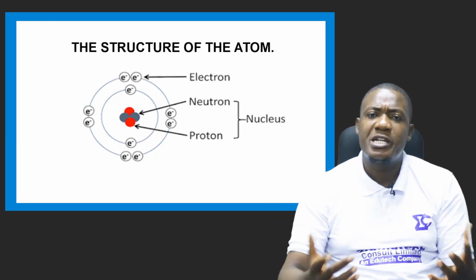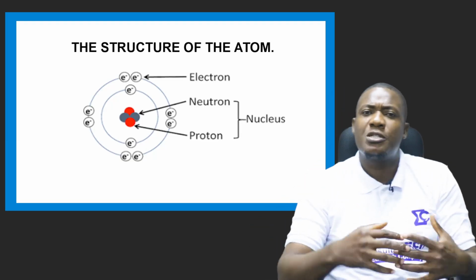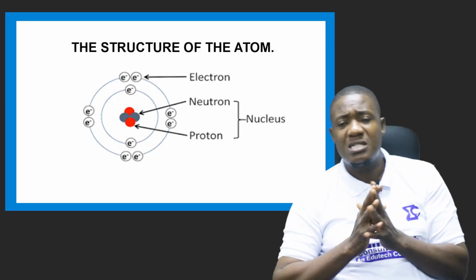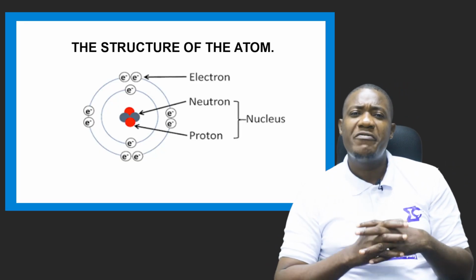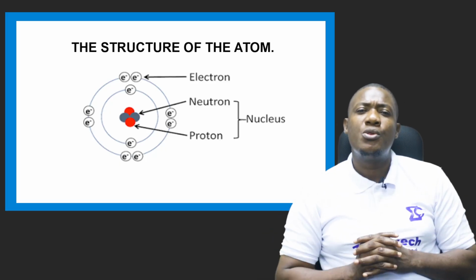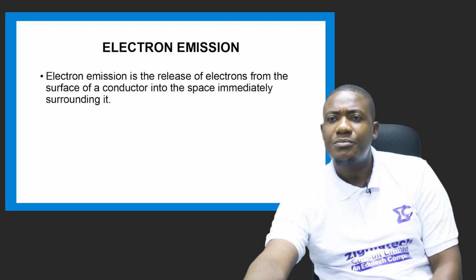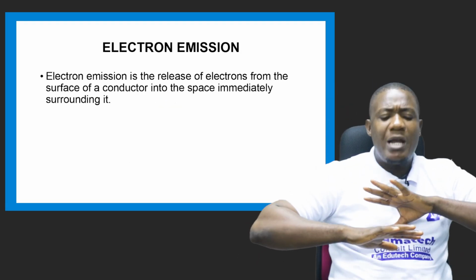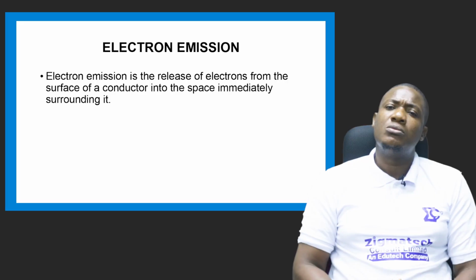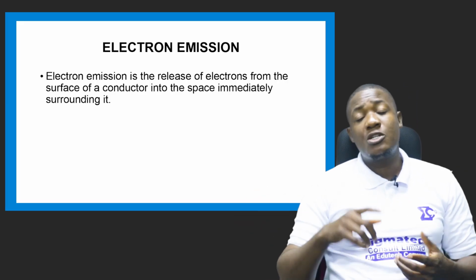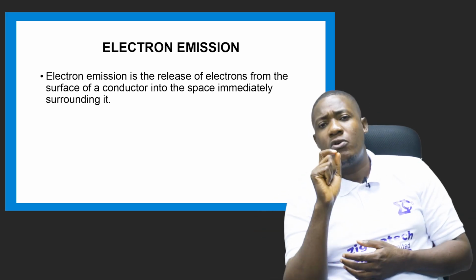Now, in electronics, the movement of these electrons is what we want to actually talk about. How do they move within different components or devices that make up the appliance that we have? Let's progress. All right, now, electrons, when they exist in an atom on their own, can be knocked off from the atom.